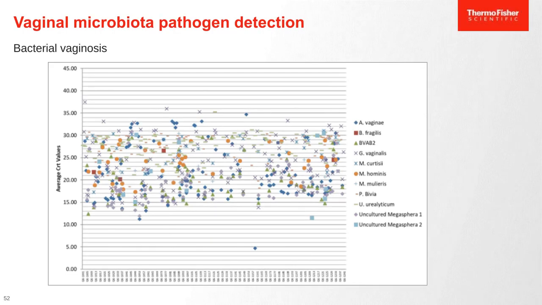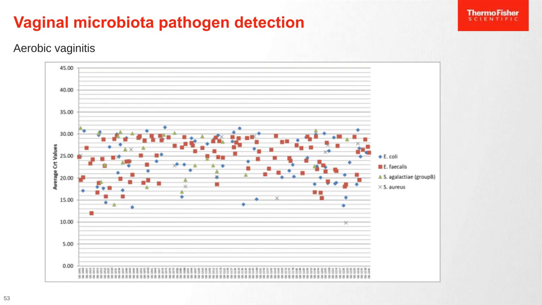And so here you can see, if you break it out into specific research groups, here's bacterial vaginosis, and looking at up to 96 samples, you can see it gives you the CT values, which then can be worked with to find a pattern or to find a specific detection target, for example, M. hominis.